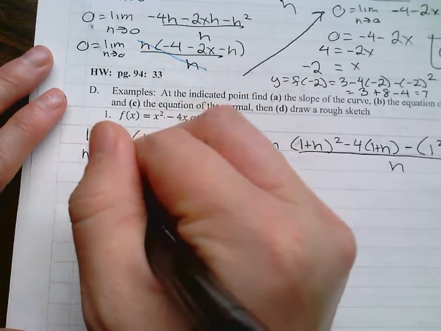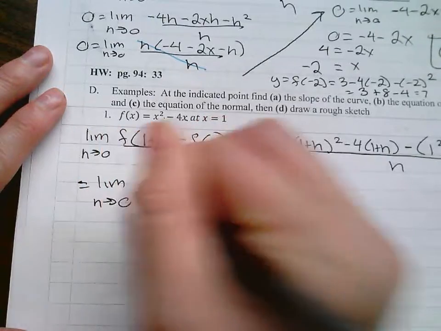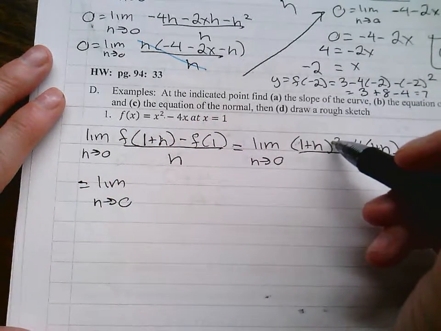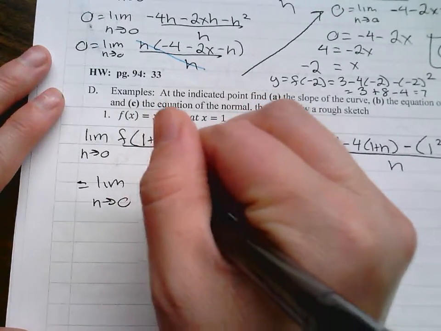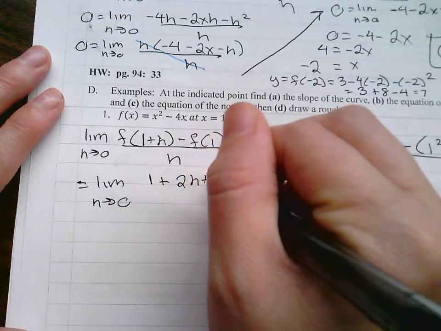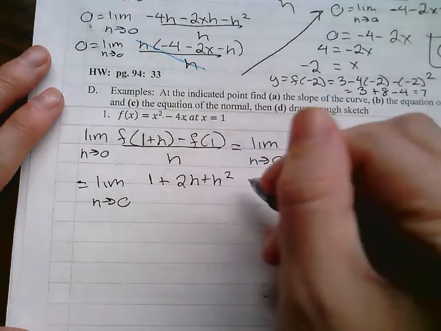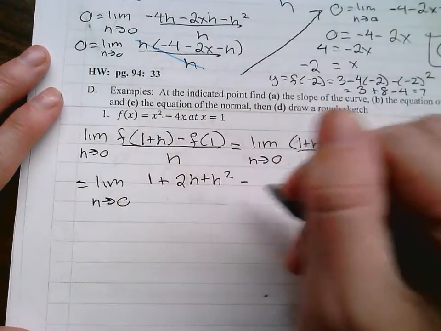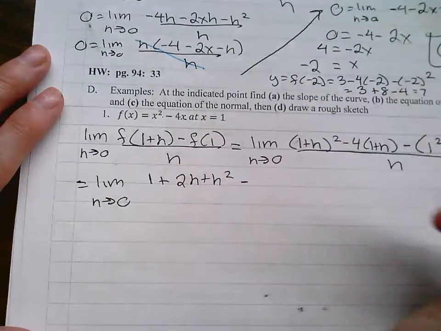So limit as h approaches 0 of, so that's 1 plus h times 1 plus h, which is going to be 1 plus 2h plus h squared minus 1 minus 4, so that's negative 3, which is going to turn into a positive 3.